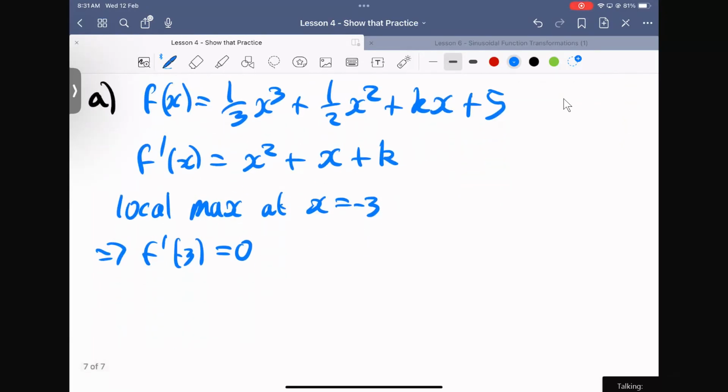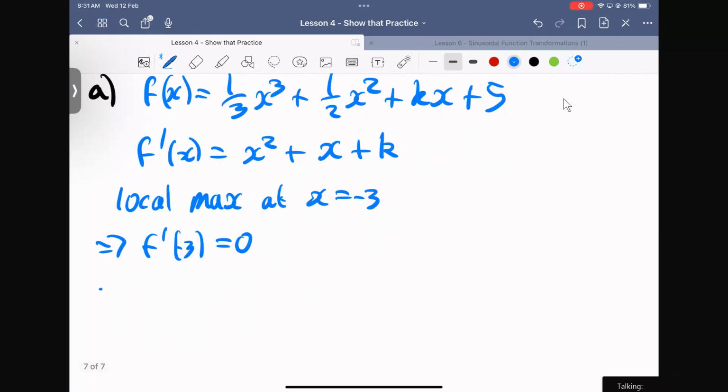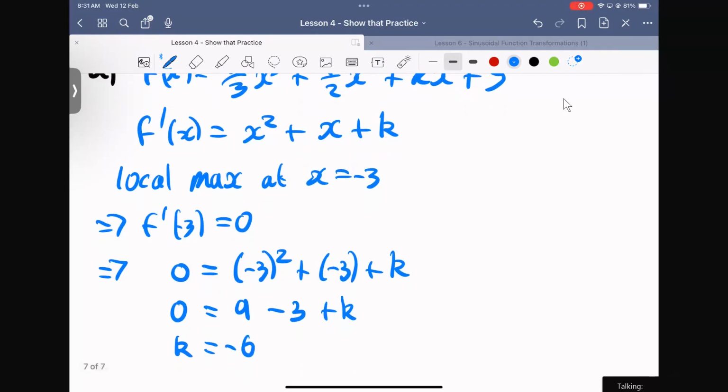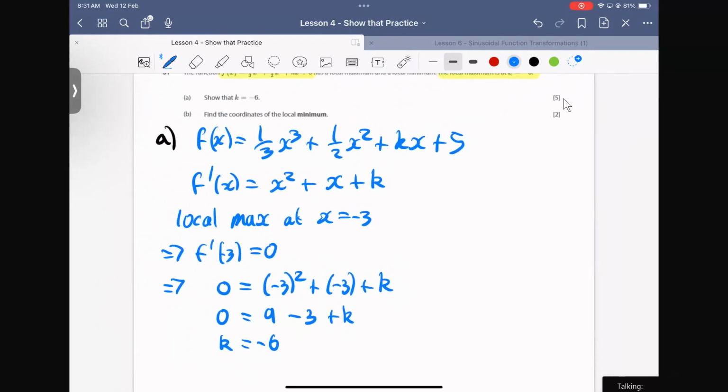So if f prime of minus 3 is equal to 0, that implies that 0 is equal to minus 3 squared plus minus 3 plus k, which is equal to 9 minus 3 plus k, which means k is equal to negative 6, which is the answer given. Always end with your answer given.